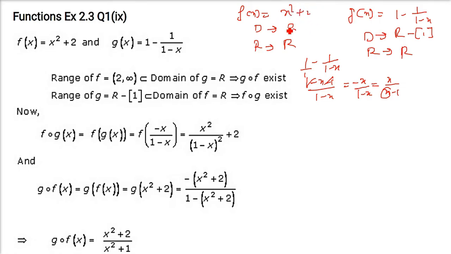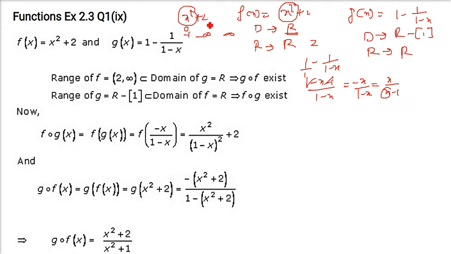So now take x square plus 2, because right now the range of f is not a subset of the domain of g. Now I'm changing it, x square plus 2. So now you put any value, every value is possible, domain is alright. But the range will be what? Even if you put 0 or a negative value, it will always be positive because it is x square.